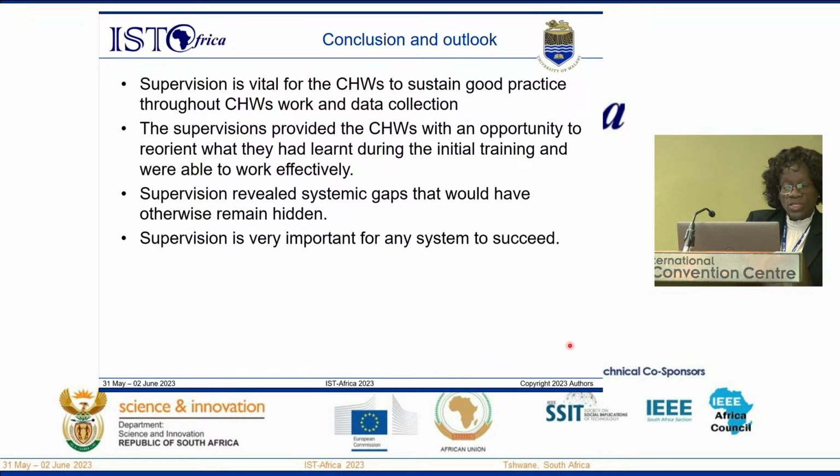The supervisions also, most importantly, revealed the systemic gaps that would otherwise remain hidden. And we're saying supervision is very important, not just for this work, but for any system to succeed.